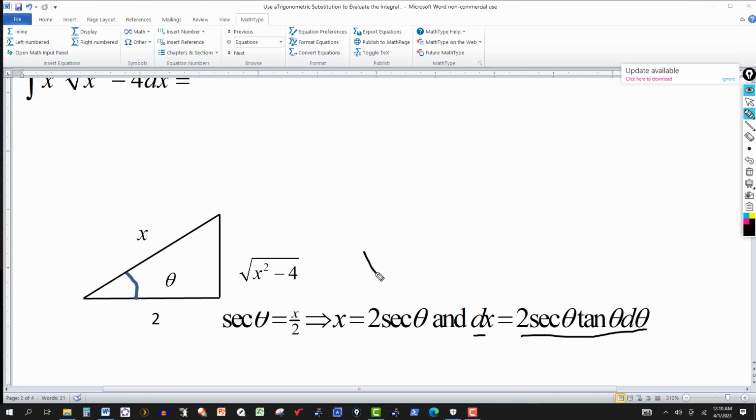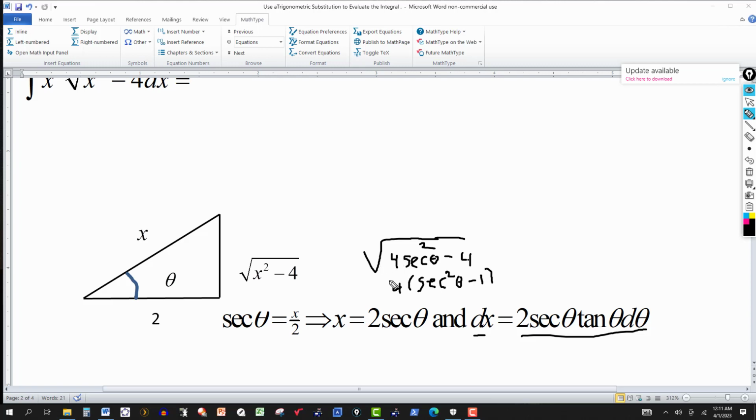And then I'm going to need a representation for this radical. So it's x squared right here, and x is 2 secant theta. So where I have the x, I'm replacing it by 2 secant theta, and then I'm squaring that, so this could be 4 secant squared theta. Then minus 4. Then I'm going to factor out the 4 here, and that'll leave me with secant squared theta minus 1.